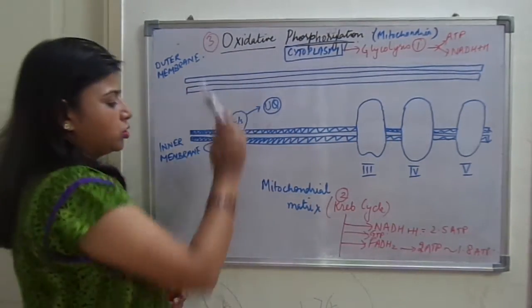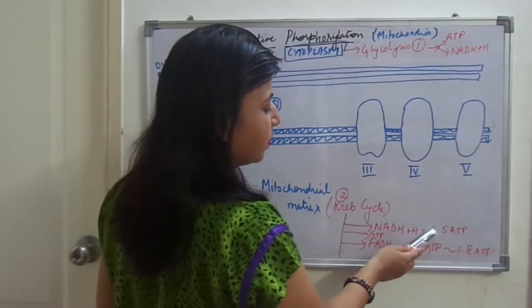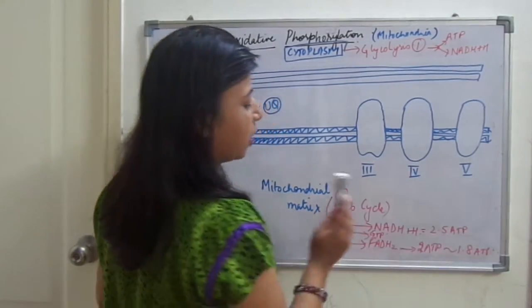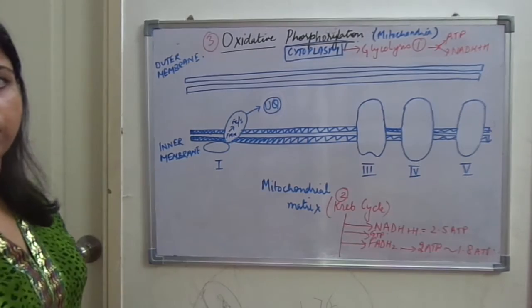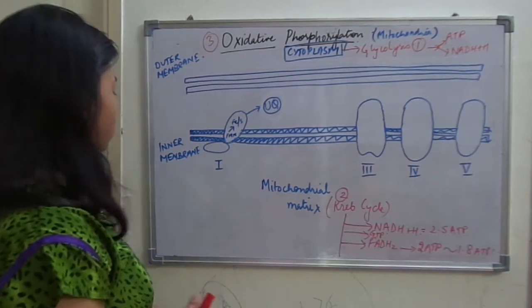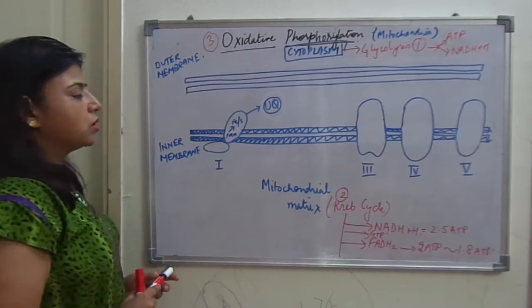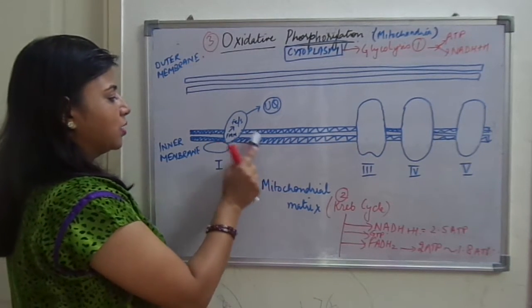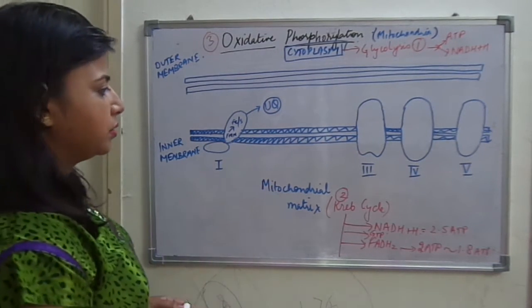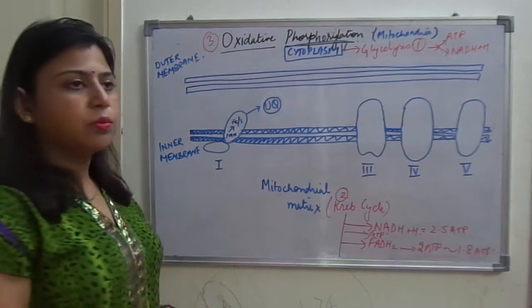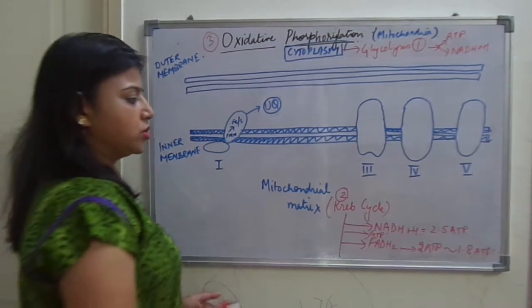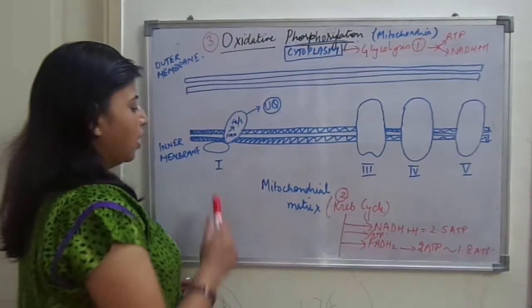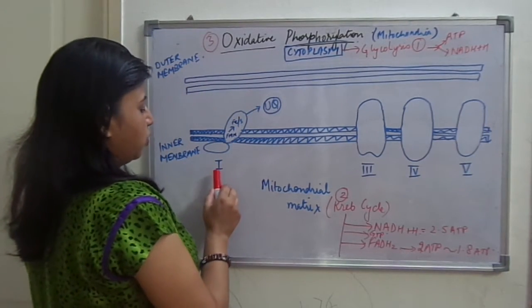Oxidative phosphorylation talks about how this 2 ATP and this 2.5 ATP are formed from the NADH molecule. See, I told you before, oxidative phosphorylation occurs in the inner membrane of the mitochondria. The inner membrane has a large number of proteins, and the main proteins which are involved in the process of oxidative phosphorylation and in the generation of ATP are totally 5 proteins.